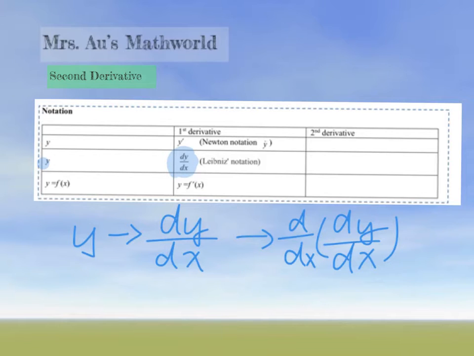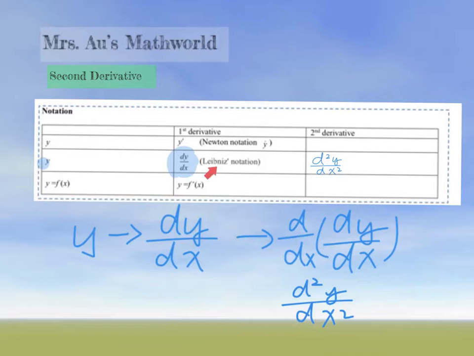And then that means this is the derivative of this function. Okay, so after you differentiate it, we will call it d square y dx square. That means this is the notation of the second derivative. Alright? So please put it in the table.